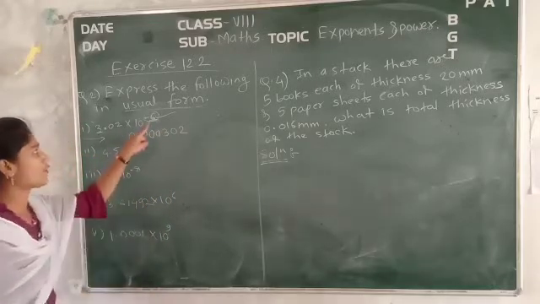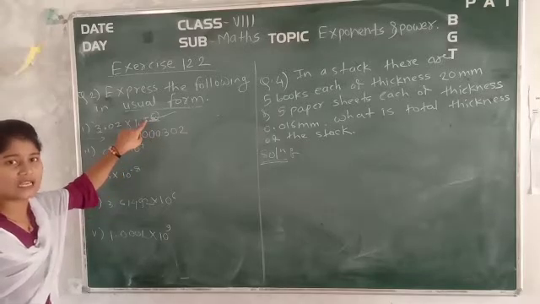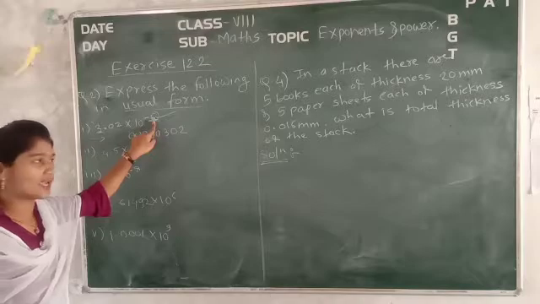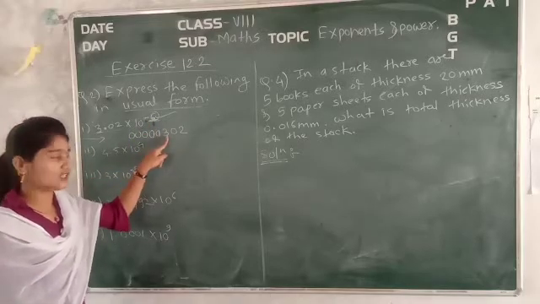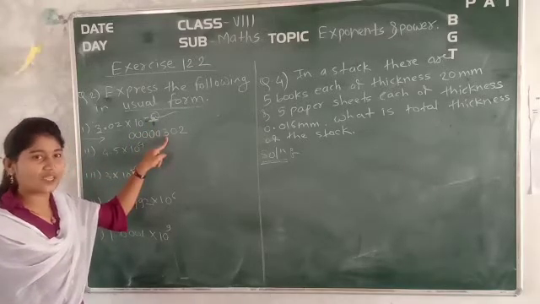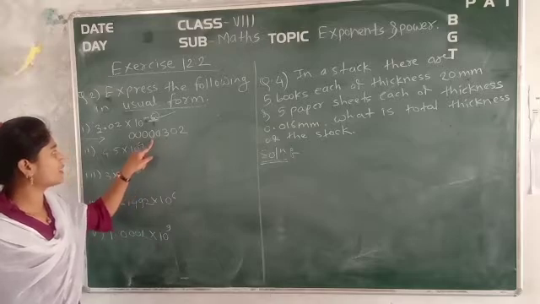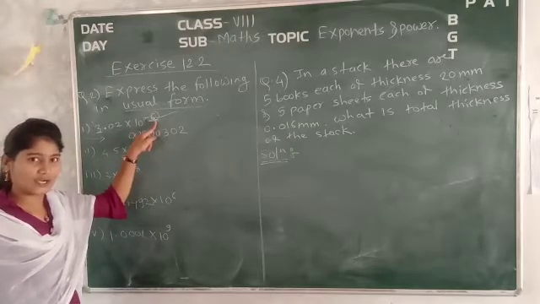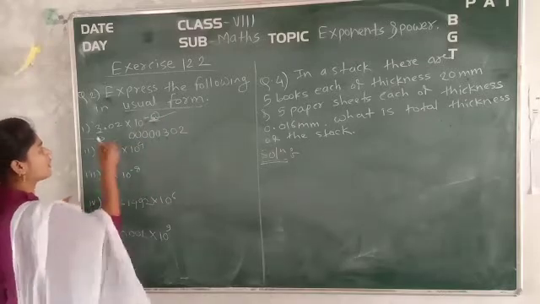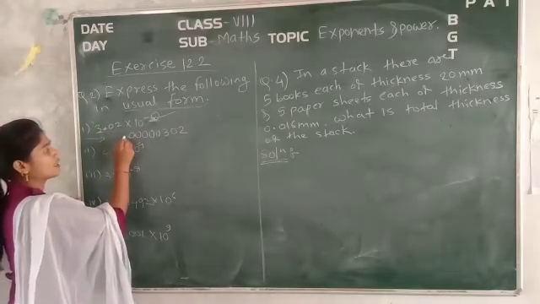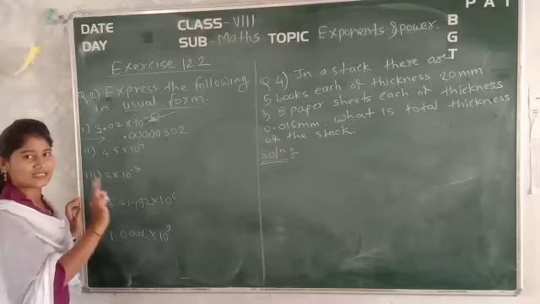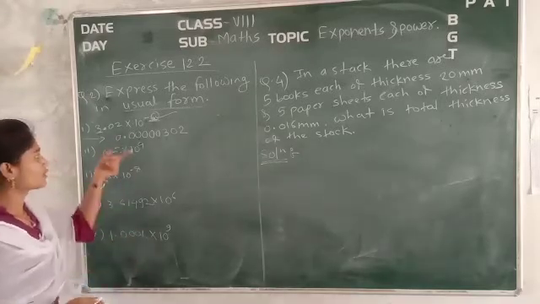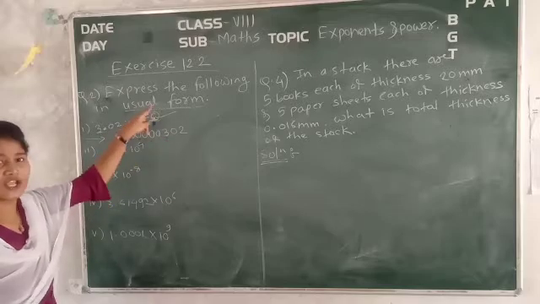It means we move to the left by 6 digits. Done? Understood? Now your decimal point will be situated here, and before that just write down 0. So now this number is in the usual form.